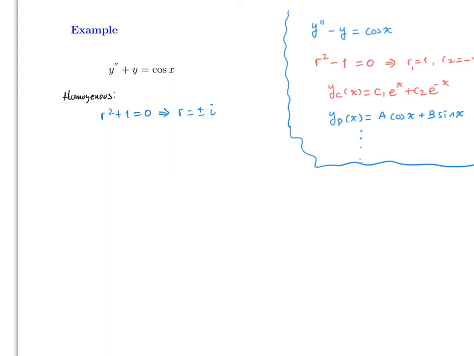And notice that these are complex. So therefore, the solution is going to be c1 cosine x plus c2 sine x, because the real part is 0.